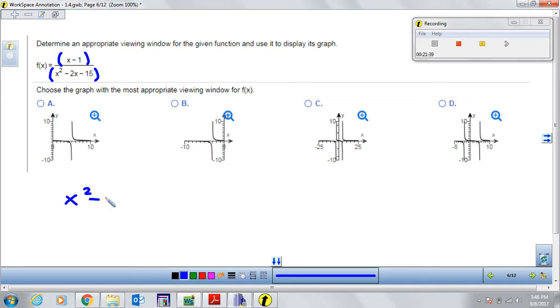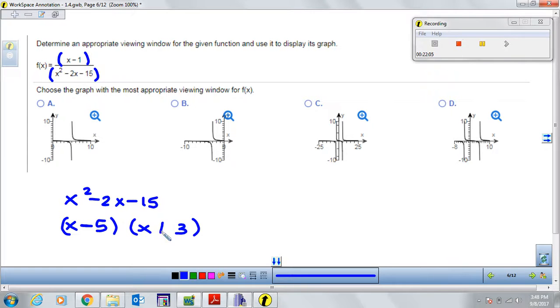So if you do x squared minus 2x minus 15, let's see if it is factorable. x times x is x squared, and we need to find two numbers that multiply to give me 15 and subtract to equal 2, so 5 and 3. 5 times 3 is 15, 5 minus 3 is 2. Whatever the sign is in the middle term, you put it on the first one.